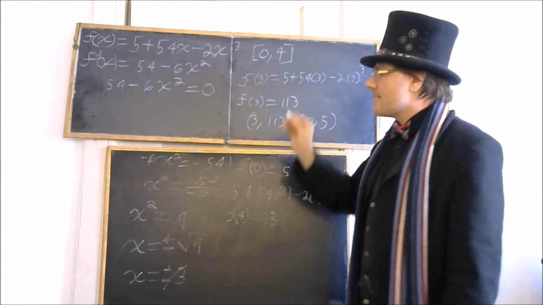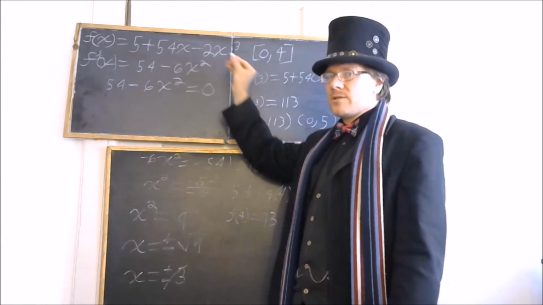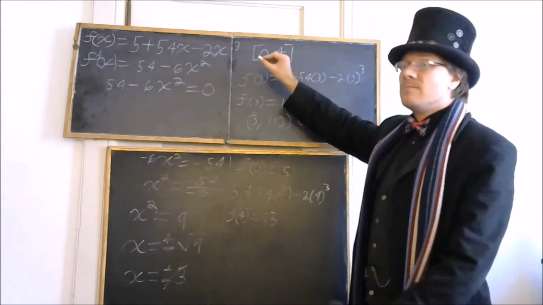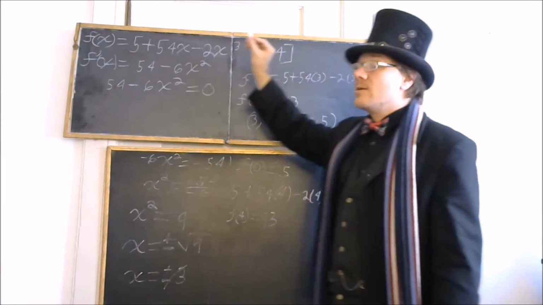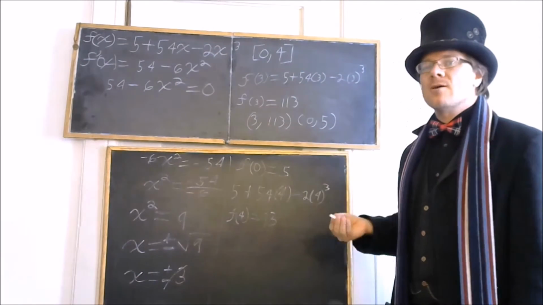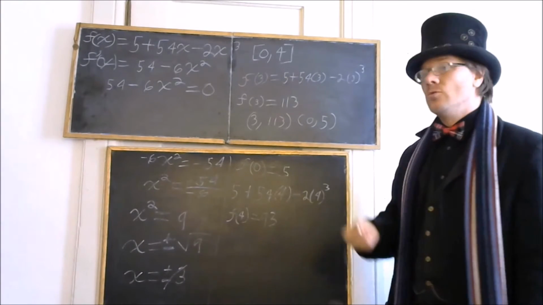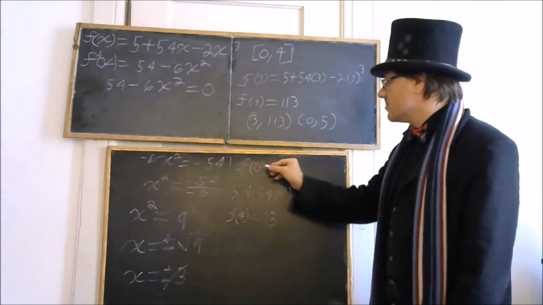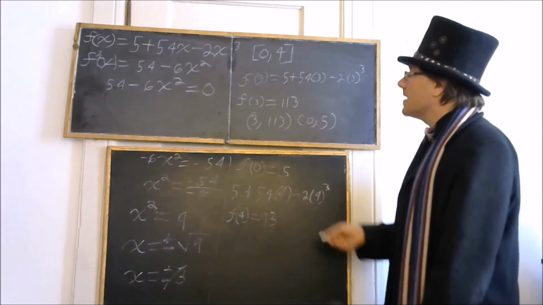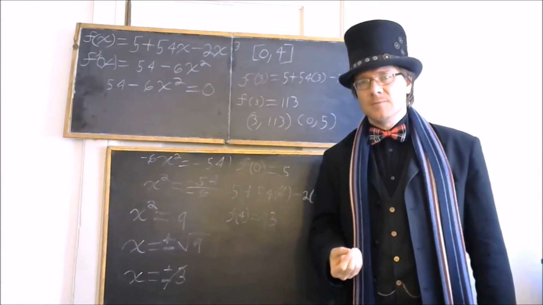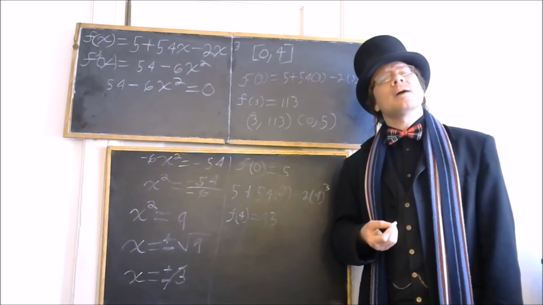And we plugged that positive 3 into the original function. And we also plugged the endpoints of the interval into the original function to find which is our maximum and minimum points on the graph. And so we found that f of 0 equals 5 is the minimum, and f of 3 equals 113 is the maximum. And so that's about it, really.